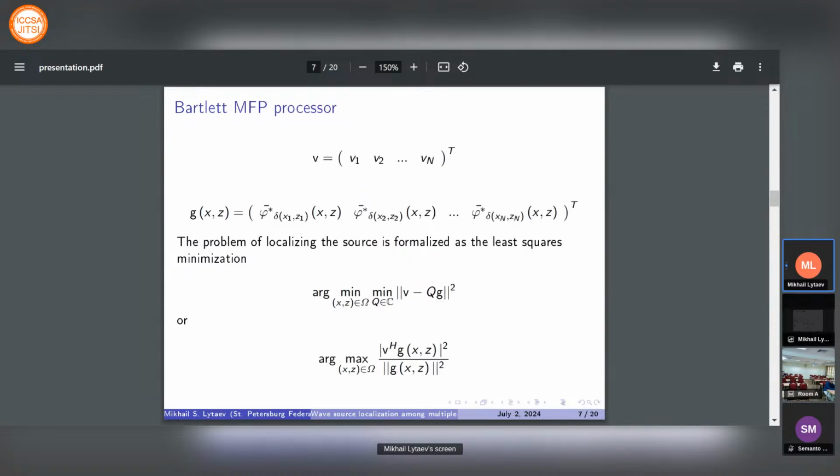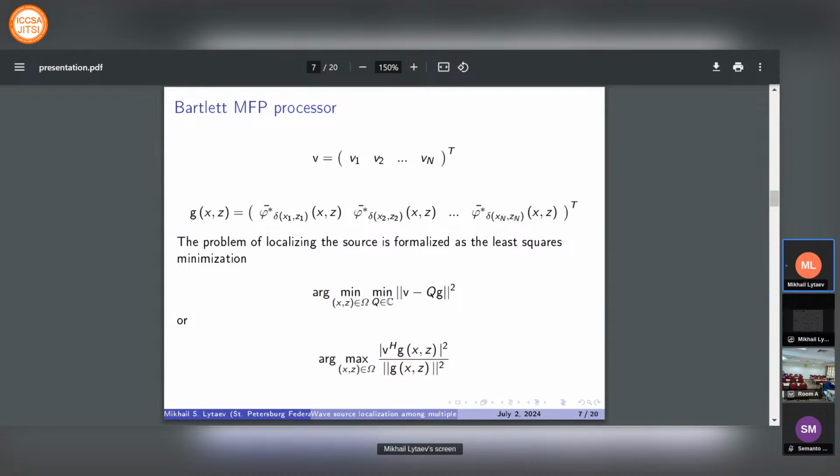So next we consider two well-known matched field processing processors. First, we define the two vectors. The first vector corresponds to measurement data, and the second vector is a Green function where each row corresponds to the solution of the adjoint problem from one of the receivers.